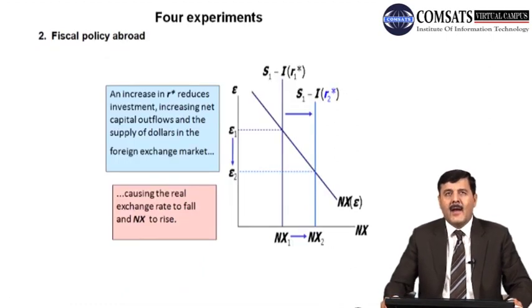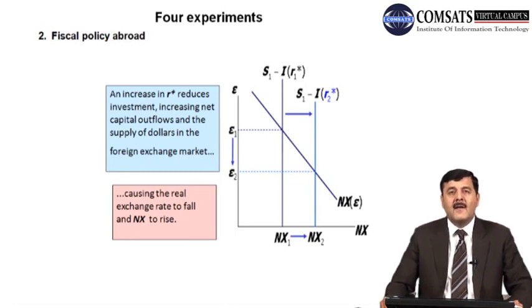Now we'll see the second experiment, which is the fiscal policy abroad. तो अगर change in fiscal policy abroad होती है, so what will happen? जैसा कि हमने पिछले lecture में भी देखा था, we'll see what will happen to the demand of dollars if there is a change in the world interest rate, right?